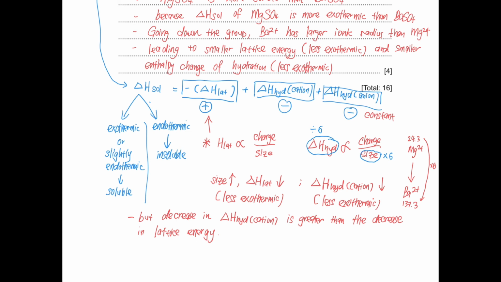However, for lattice energy, the decrease is very much lesser, because lattice energy involves both the magnesium sulfate and the barium sulfate.